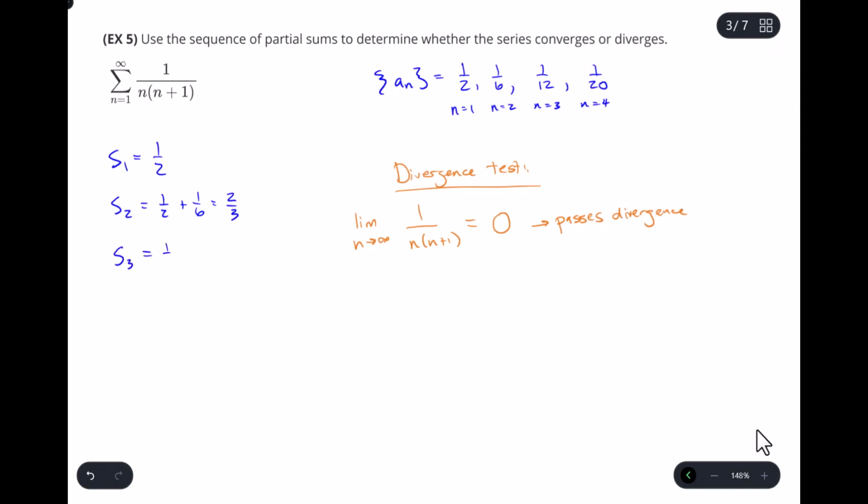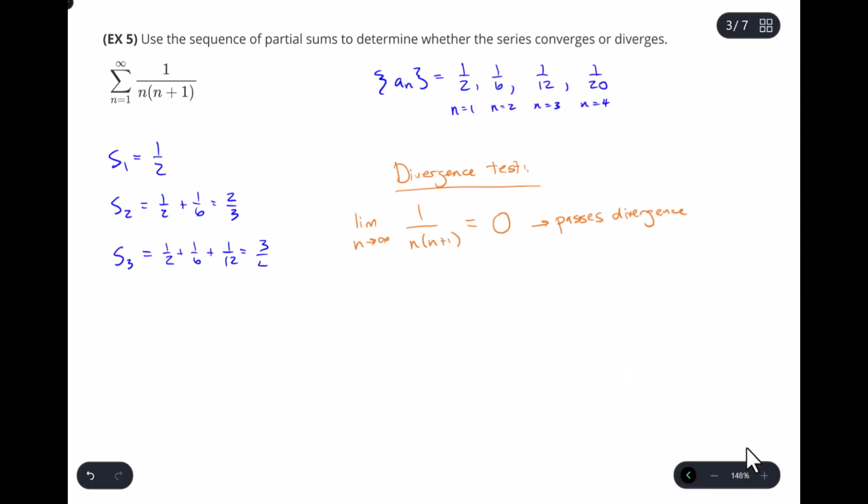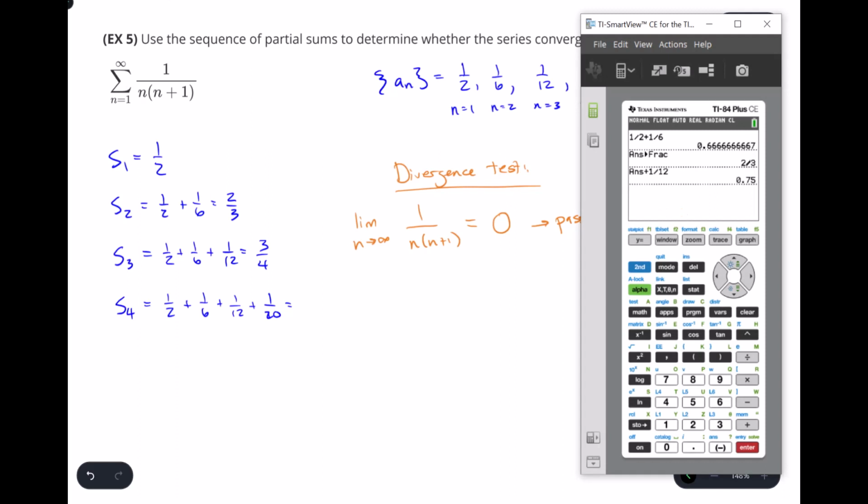So that's going to be 1/2 plus 1/6 plus 1/12. If I take what I have so far and add a 12th, that's 3/4. S sub 4, we would add the first 4 terms. Let's see what happens when we add 1/20th to that. Okay, looks like we get 4/5.